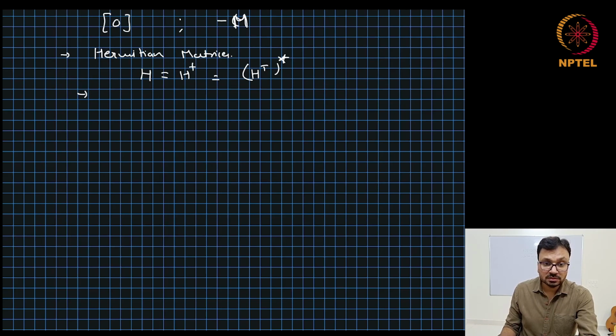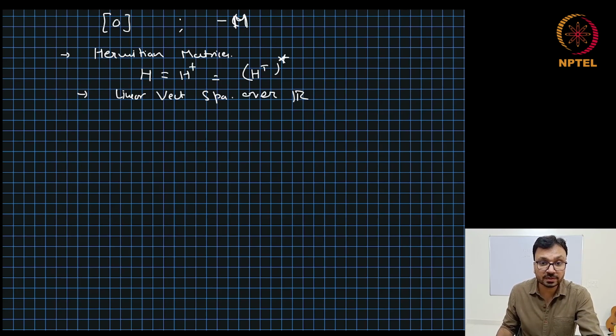This set of Hermitian matrices forms a linear vector space over the real field. Although the elements of a Hermitian matrix can be complex numbers, it forms a linear vector space only over the real field, not over the complex field.